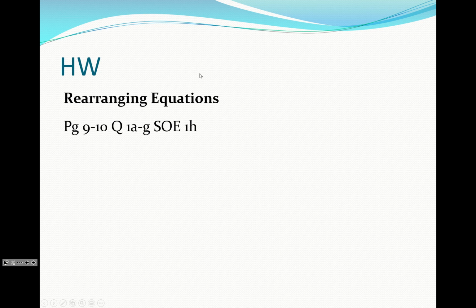So for, let me write on here, 1C, it gives the answer in the back as VI squared is equal to VF squared minus 2AD. So that's not fully isolated because you were trying to isolate for VI.